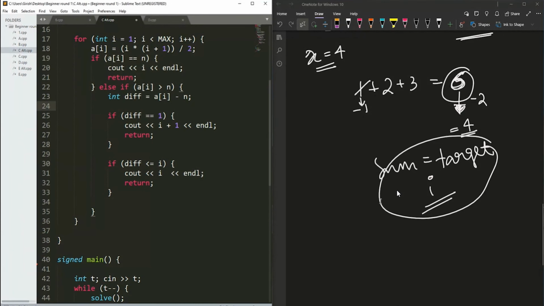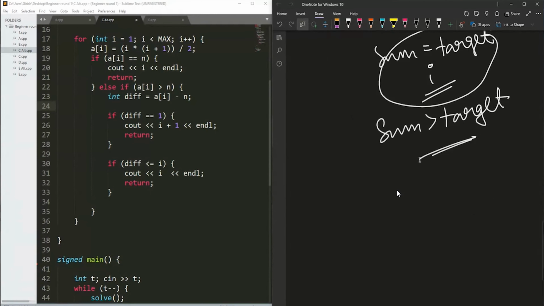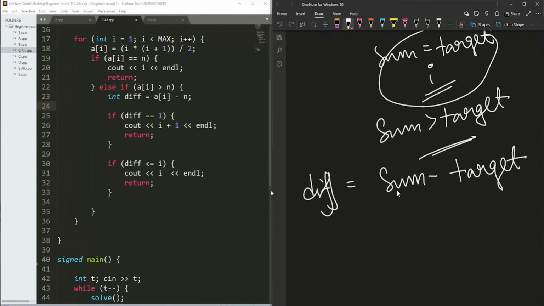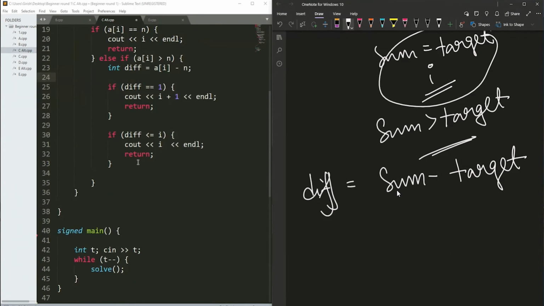But if my sum is exceeding the target, then what will I do? I will calculate the difference. So the difference will be sum minus target. Now, if this difference is equal to 1, what will I do?